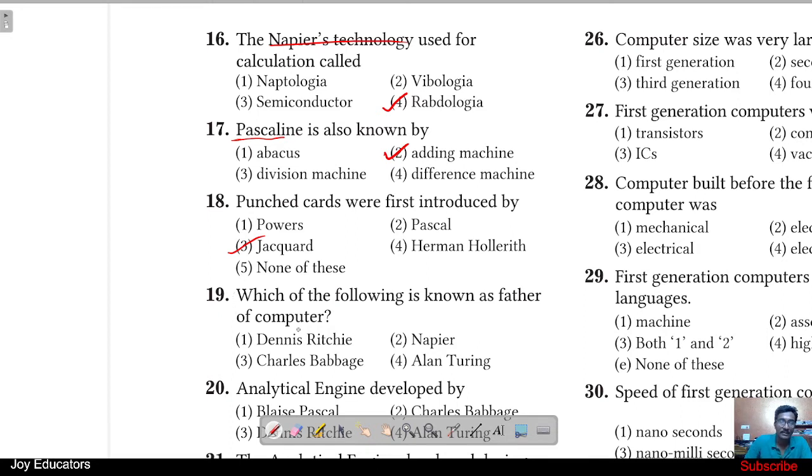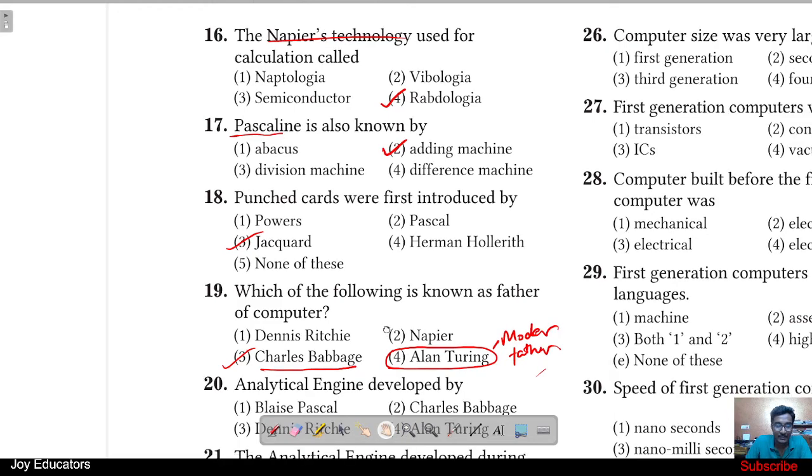That's good. Which of the following is known as the father of computer? Alan Turing. Yes, it's Alan Turing. He is the father of the modern computer. But Charles Babbage, as I told you in the first class, is the father of the total computer.